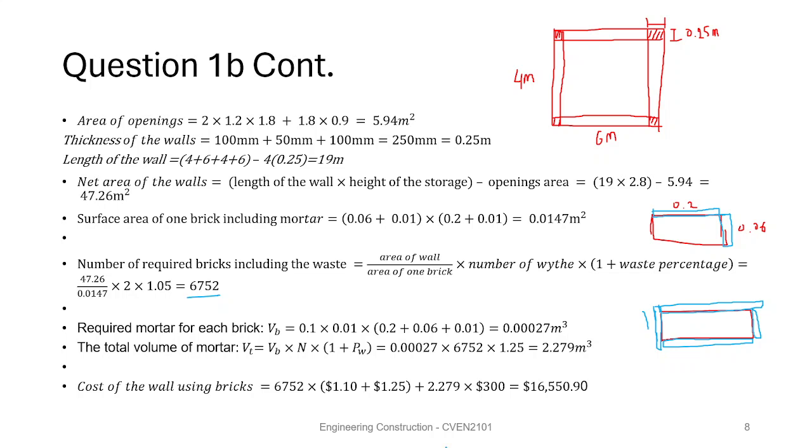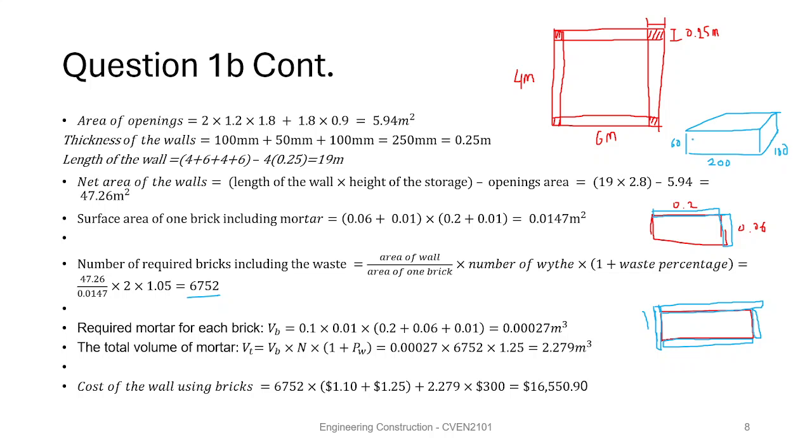So if this is a cube, imagine the brick as a prism of sorts. If this is 100, this is 200, and we know this is 60? Yep, I think it's 60.